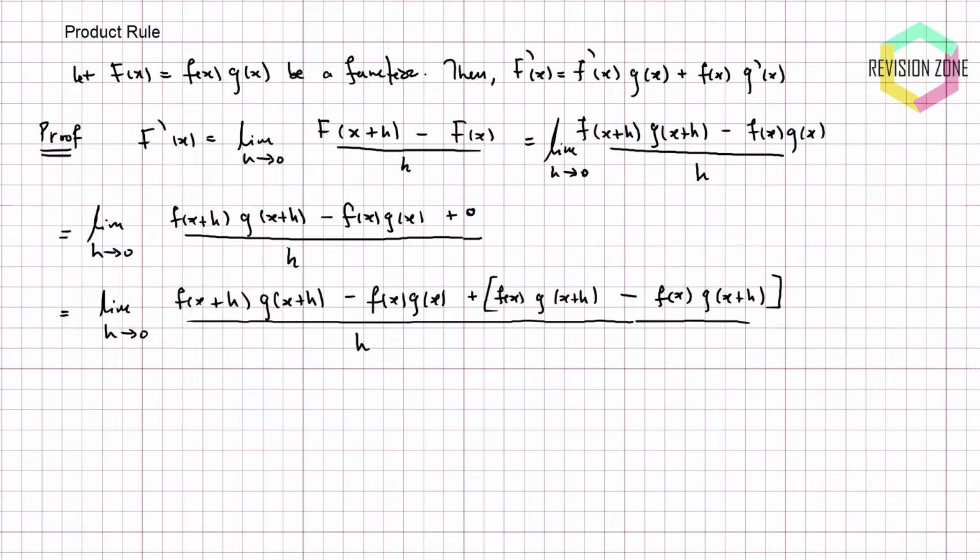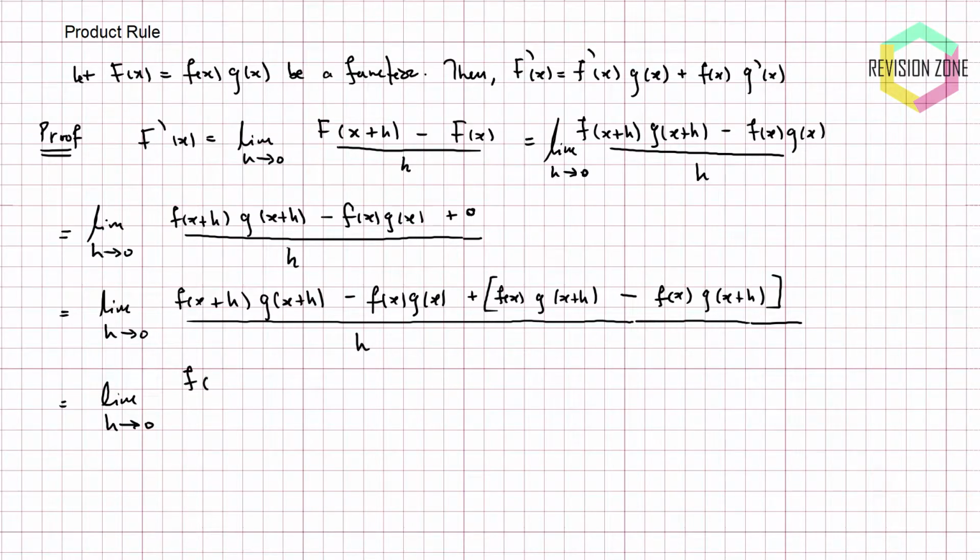Okay? So now our 0 here, as I've said repeatedly, is basically this thing here, which makes perfect sense. So now let's just reorganize what the numerator says. This shouldn't be too hard. What I'm going to do is cheekily take this term here, and I see that there's an f here, and there's also a g evaluated at x plus h here, and there's a g evaluated at x plus h here, right? So I'm going to put those together.